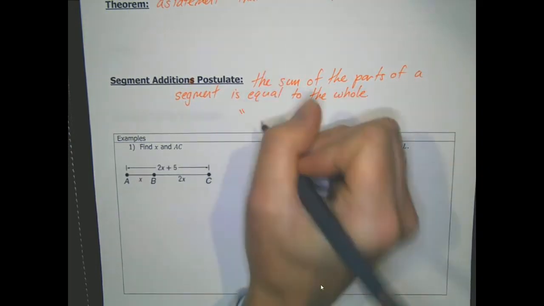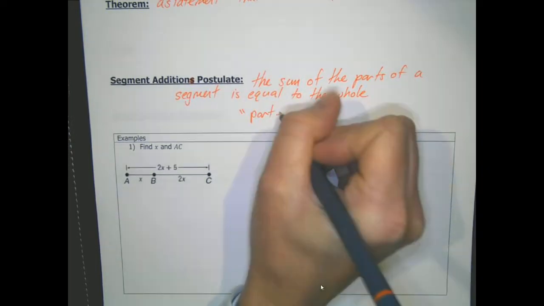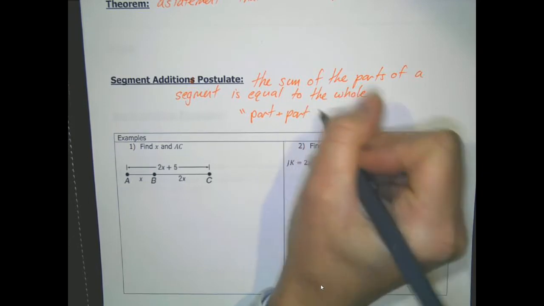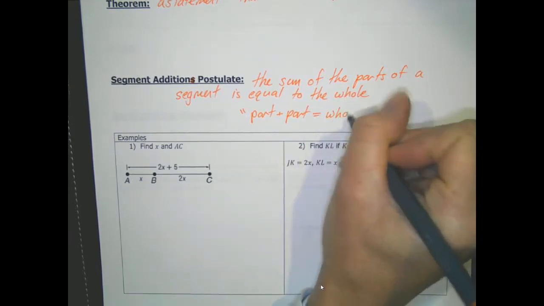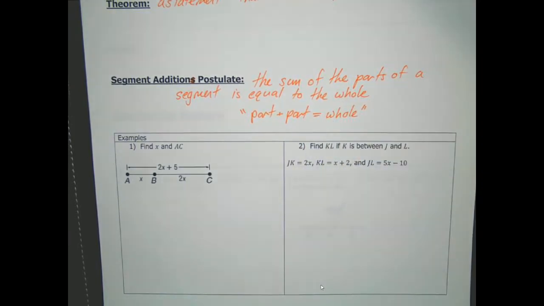So basically, part plus part is equal to whole. Okay? And that's something we just accept to be true.